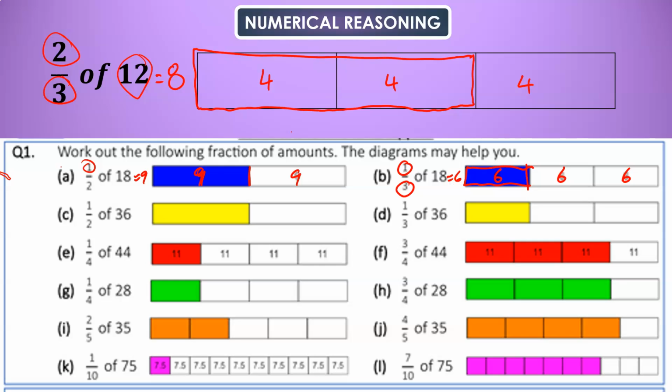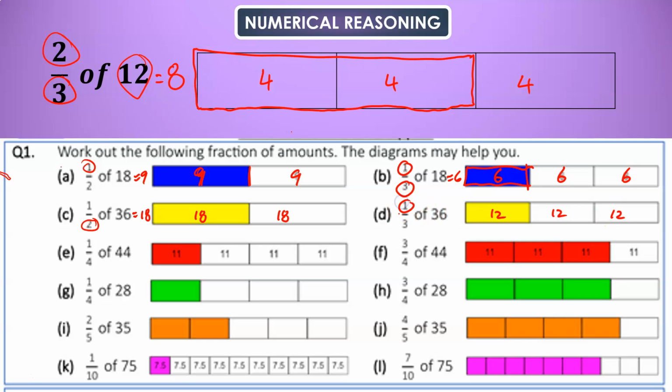36. What is 36 divided into 2? That's right, 18. Because we're after 1/2, the answer must be 18. 36 divided into 3? That's right, 12, 12, 12.